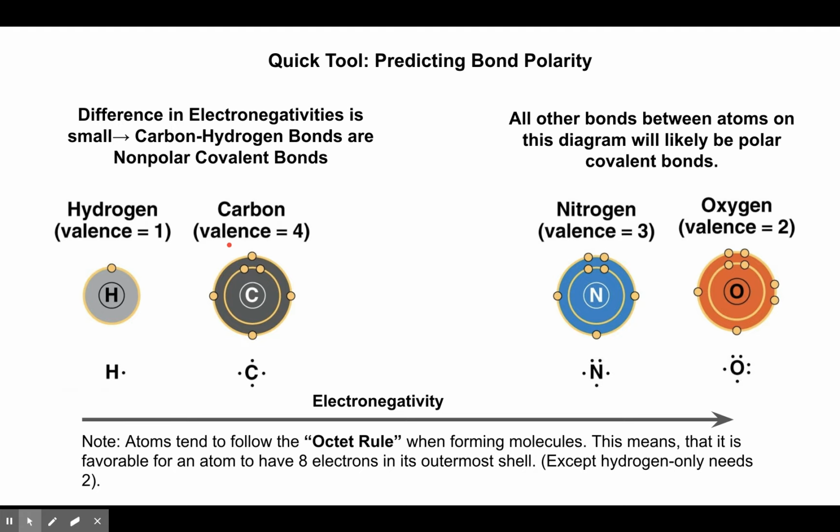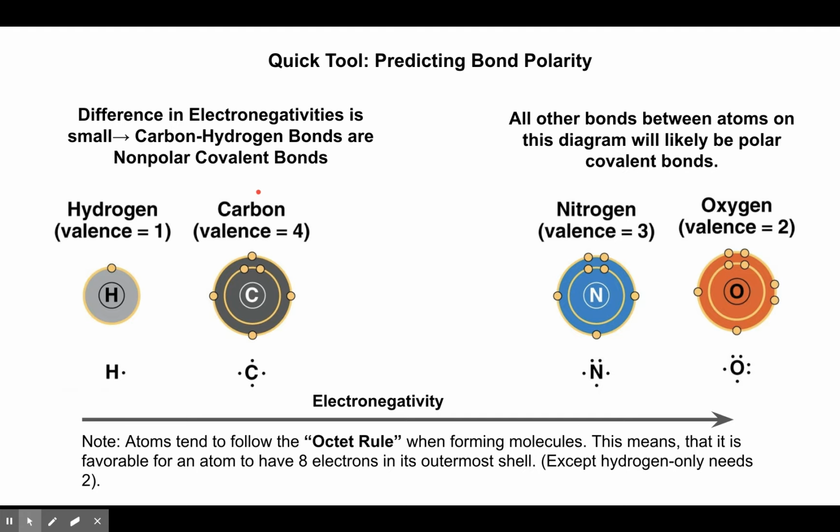So the reason that's useful is because atoms tend to follow what's called the octet rule, which means that it's more favorable when they're in a molecule that allows their valence shell, their outermost shell, to be full.